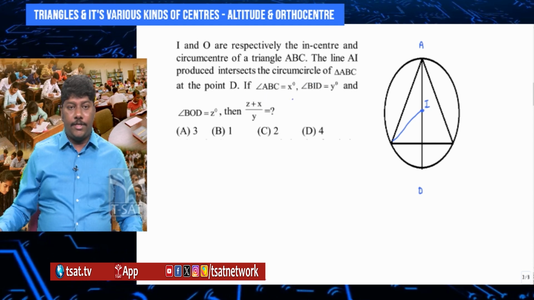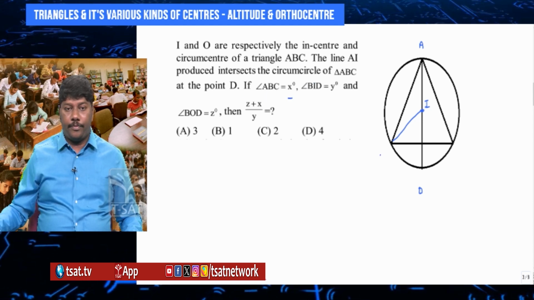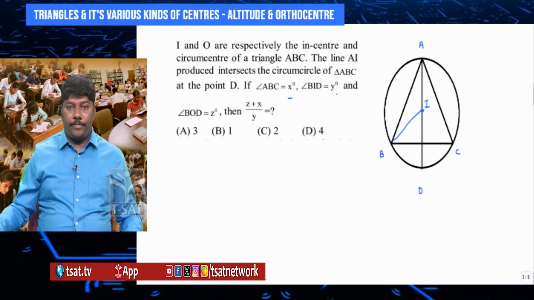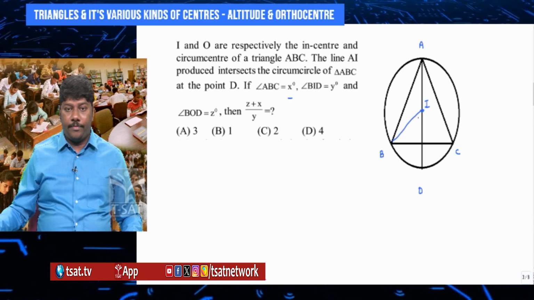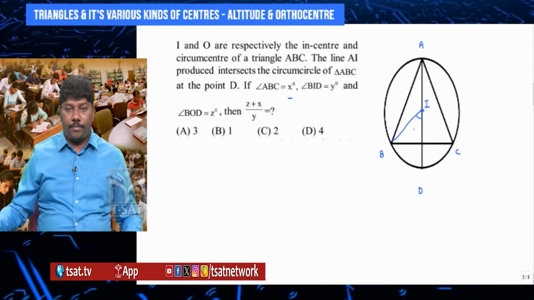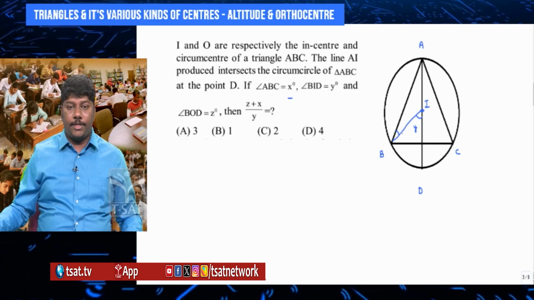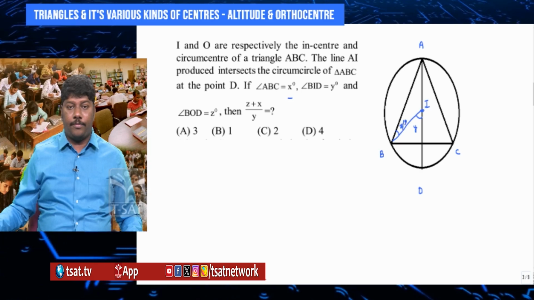Angle ABC is equal to x, and angle BID is y. Since angle B is x, this is x by 2, and this is also x by 2.